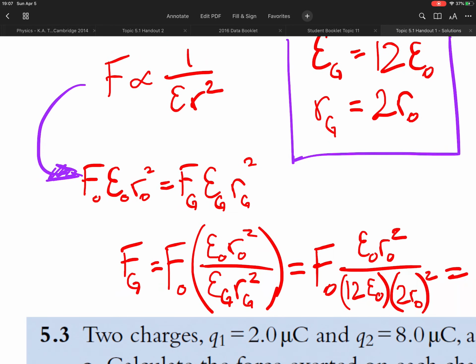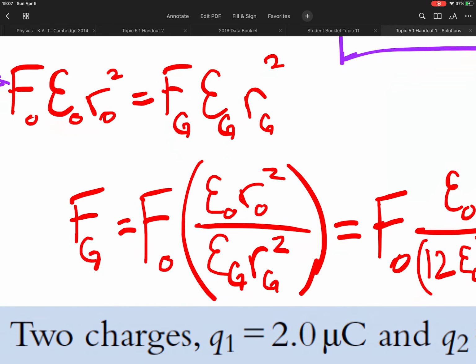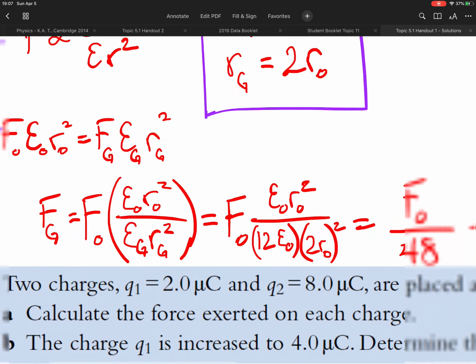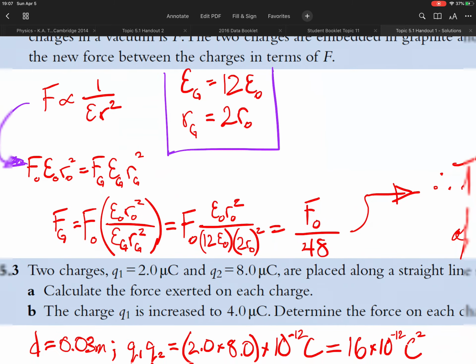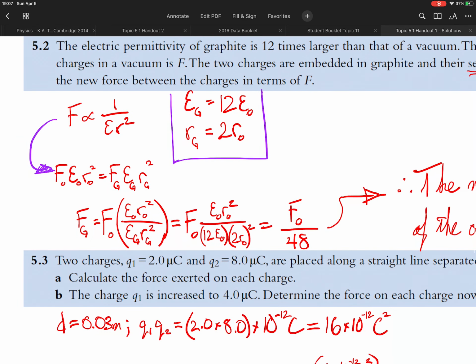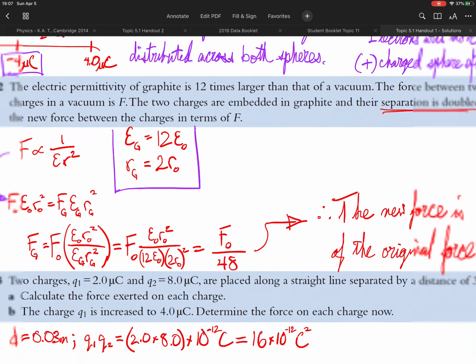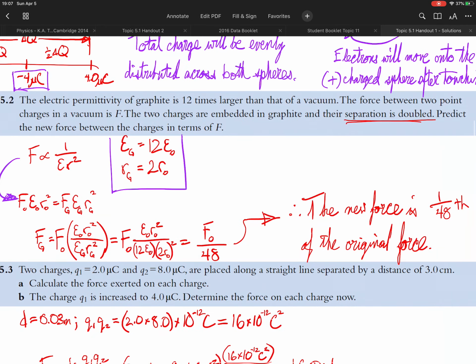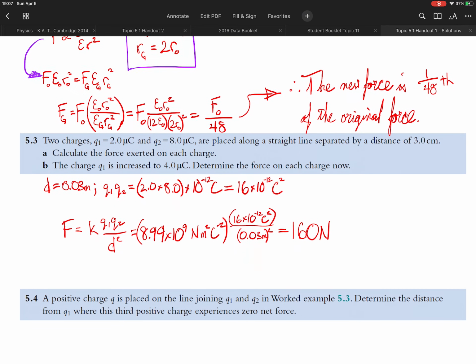Okay, so from this, then, I can solve for the force through graphite fairly easily. And then I can start plugging in my values. And what I will find is that the force through graphite is going to be about 1/48th of the force through a vacuum. Okay, so it's much, much weaker in graphite than it would be in the vacuum.